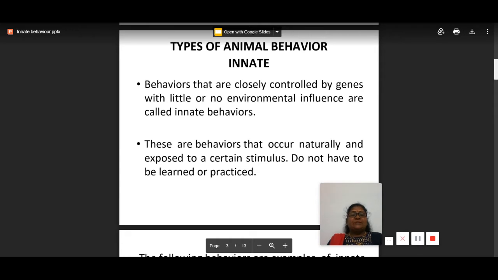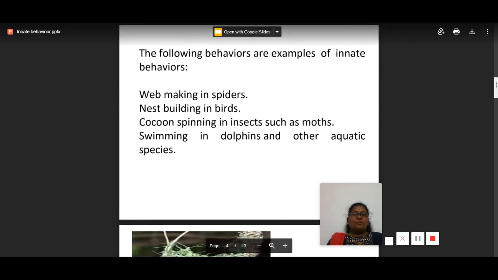The external influences do not take place; the inner influences, like control by the genes itself, do. These are behaviors that occur naturally on exposure to a certain stimulus and do not have to be learned or practiced. Learning or practice comes under learned behavior, but this type of behavior is inborn only.